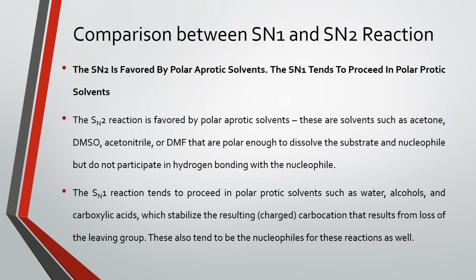The SN1 reaction tends to proceed in polar protic solvents such as water, alcohols and carboxylic acids, which stabilize the resulting charged carbocation that results from loss of the leaving group. These also tend to be the nucleophile for these reactions as well.